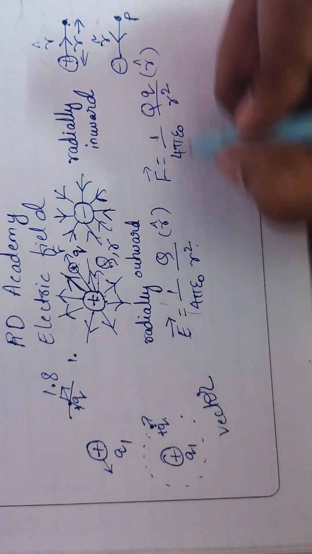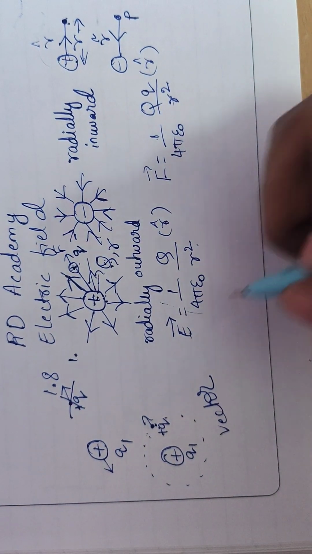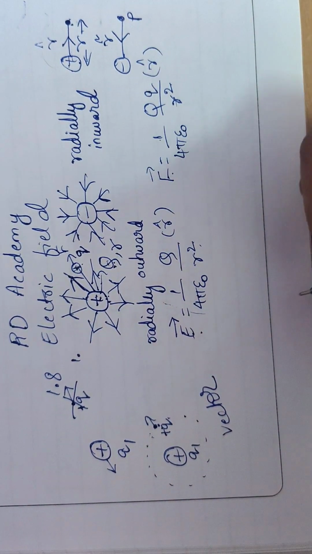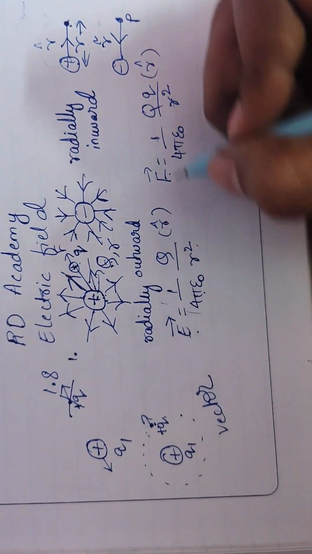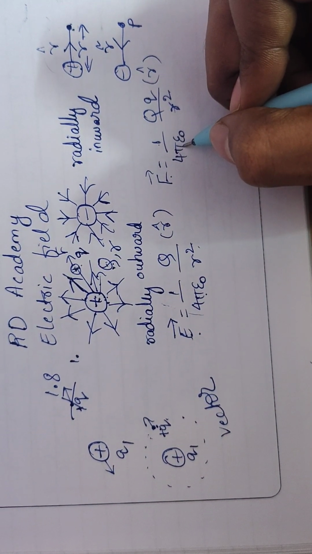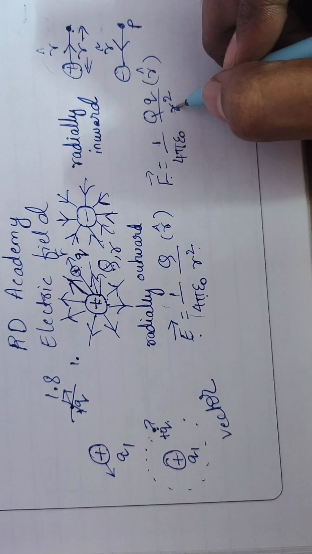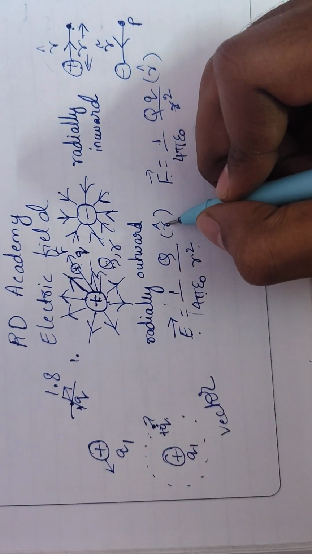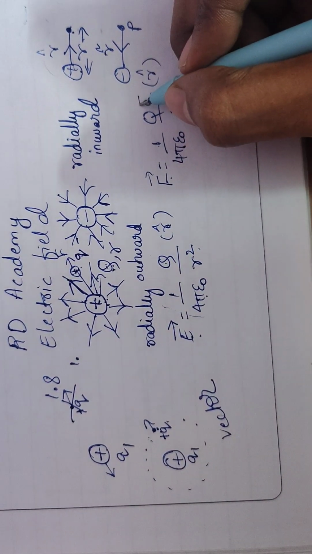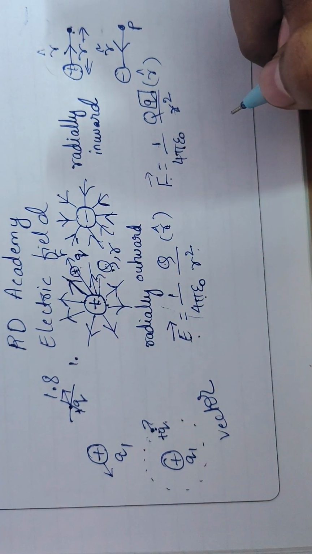Okay, now can you see one relation between these two quantities, that is electric field and electrostatic force of attraction or repulsion? See, you have 1 by 4 pi epsilon naught here, and here also you have 1 by 4 pi epsilon naught. Here also you have Q by R square R cap, and here also you have Q by R square R cap. The only missing term is this small q.